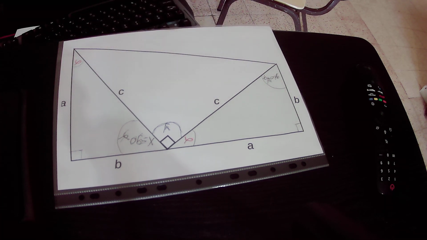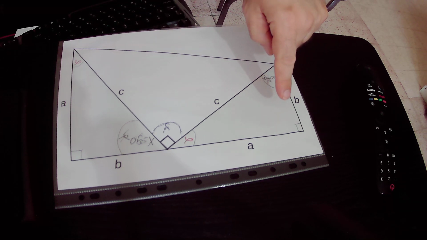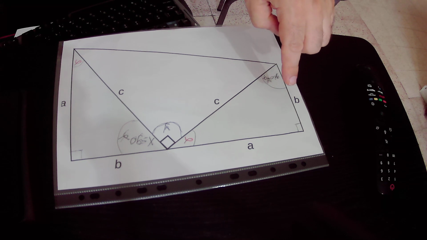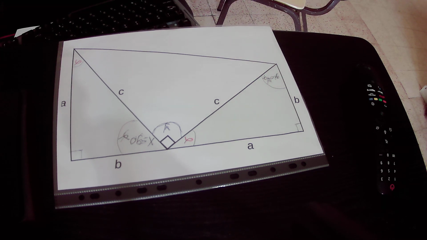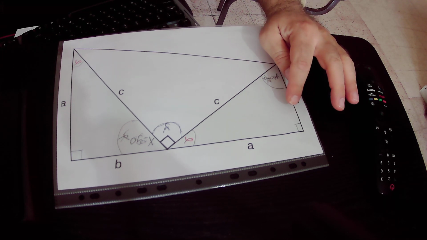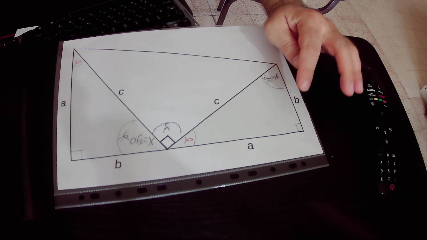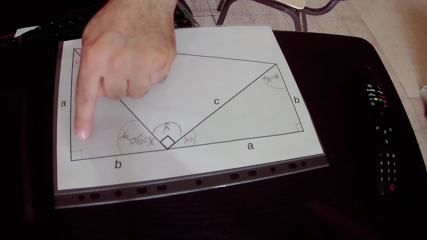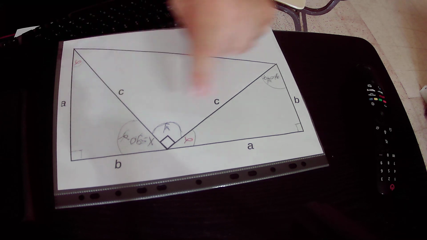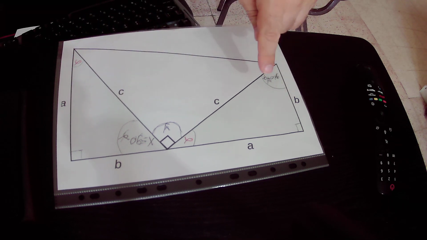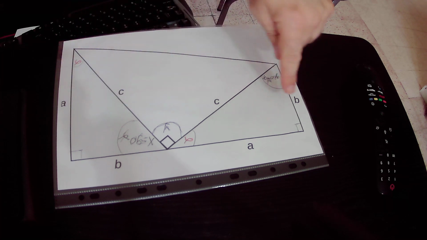So we have two sides that are equal in both triangles, and this is 90 degrees, and this is also 90 degrees. So the angle between side A and side B is equal in both triangles.